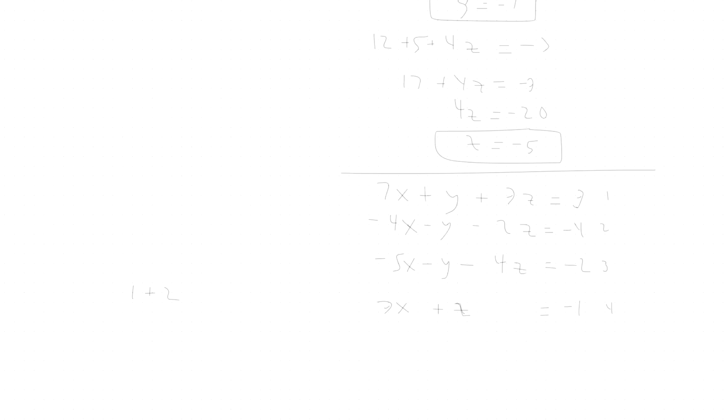Now what's next? Equations 2 and 3. What are we going to do with 2 and 3? We subtract them because the y's will cancel out. Minus 1 minus 1 will equal 0. So we're trying to cancel out the y's. So 2 minus 3.